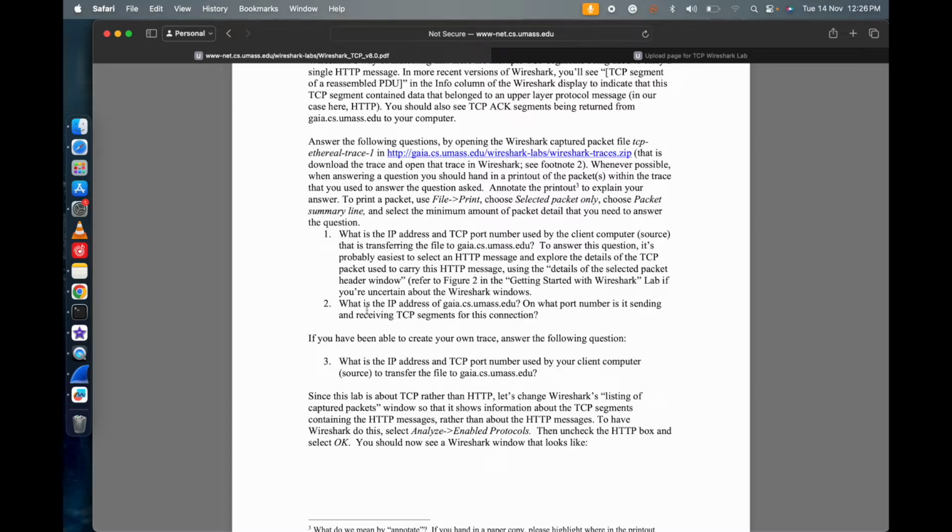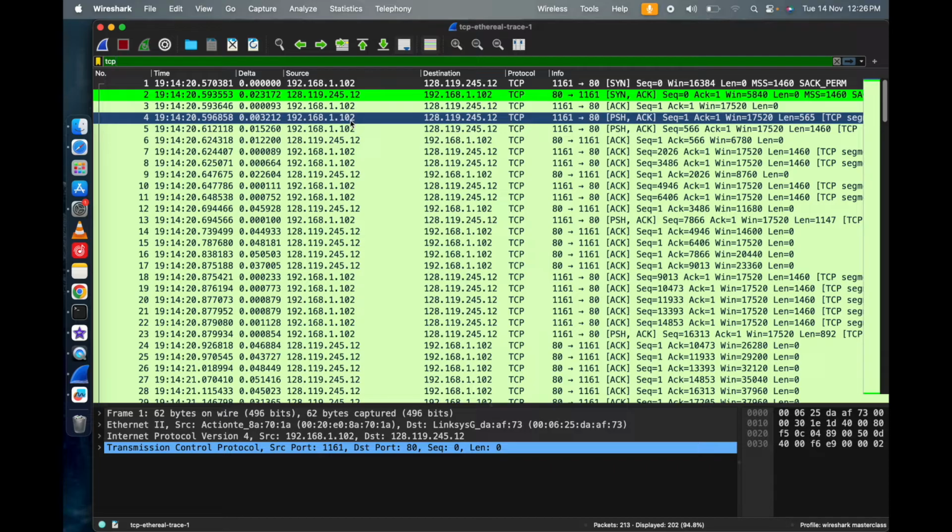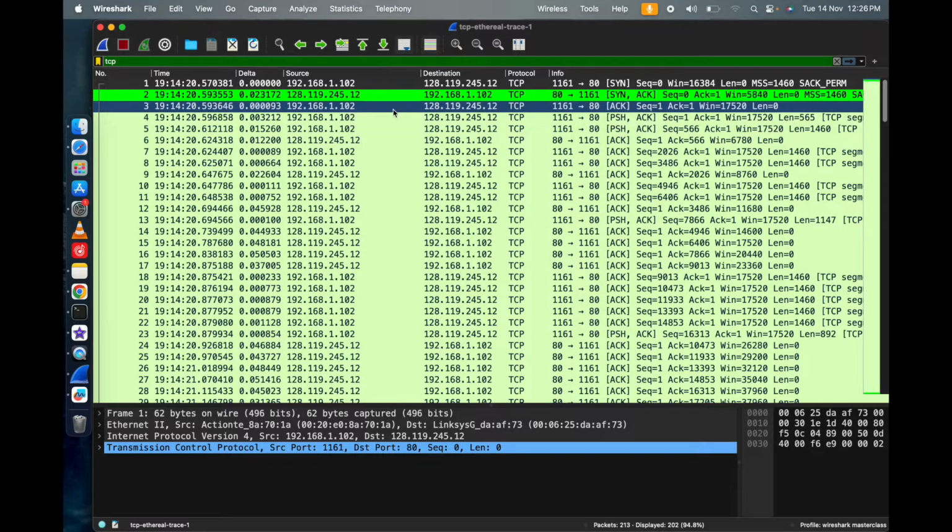For that, see over here the destination computer IP address to receive the file is 192.119.245.12.